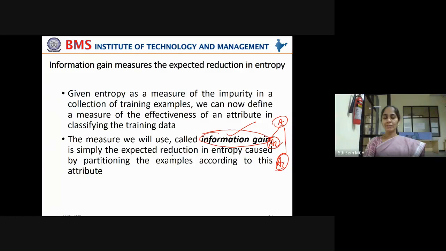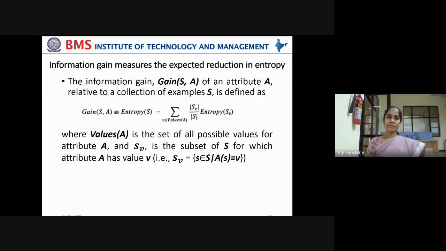It is simply the expected reduction in the entropy. I said already, if entropy is more, information gain is less because of that attribute. If entropy is less, information gain because of that attribute is more. That is how you need to understand it. Now, how do we mathematically represent the information gain? The information gain of an attribute A relative to a collection of examples S is defined as Gain(S, A).